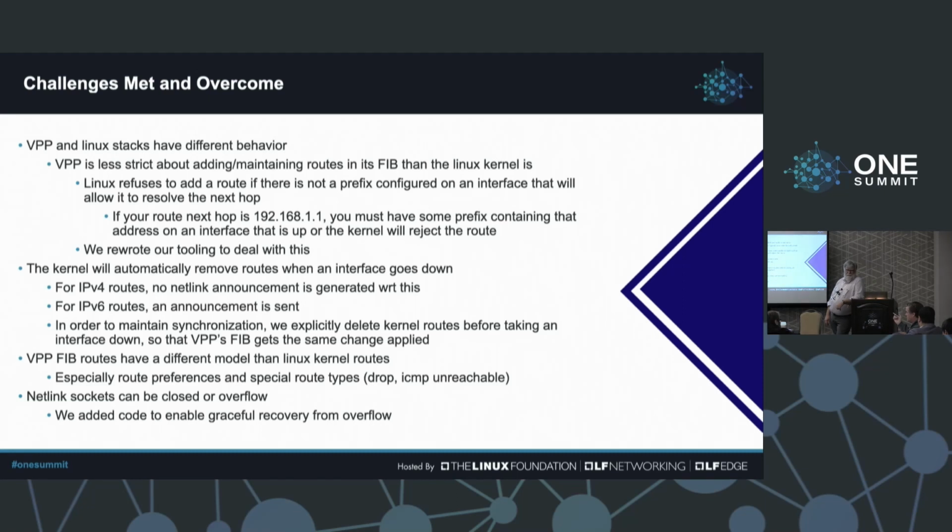In the Linux kernel, if you make a drop route or a black hole route, it has to be separate routes of a different type. You can't have that in one route, with two paths balanced between them, where if the first one's not up you send an unreachable. The model doesn't map correctly from Linux into VPP. That's kind of a superset.